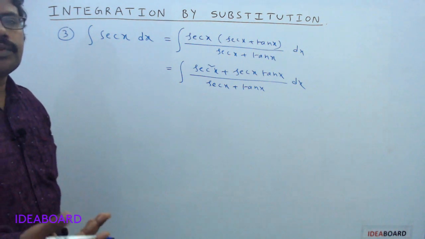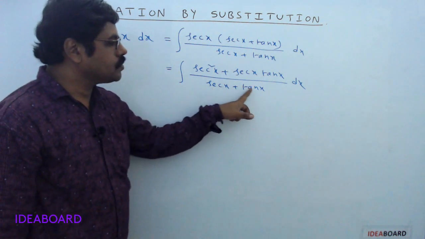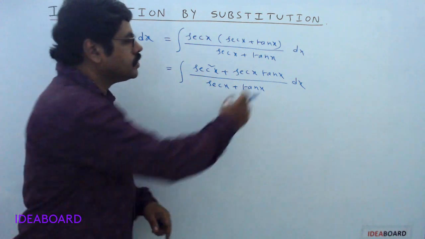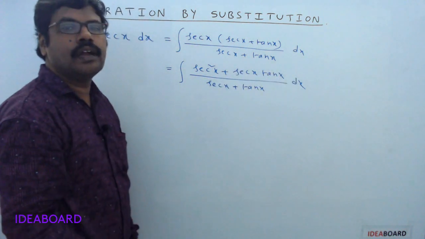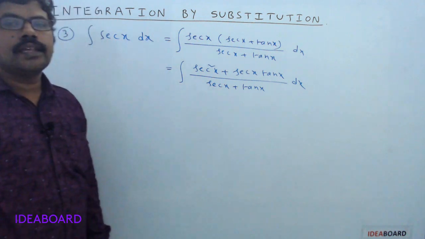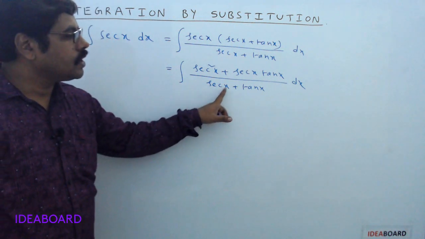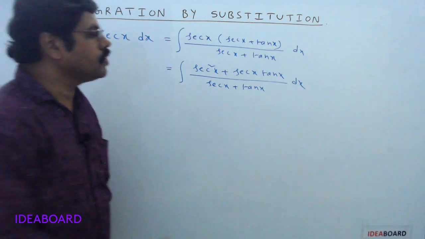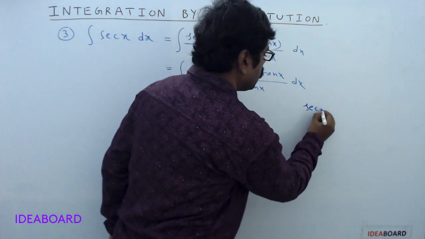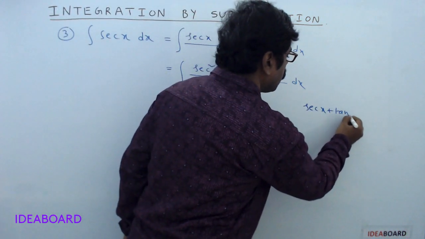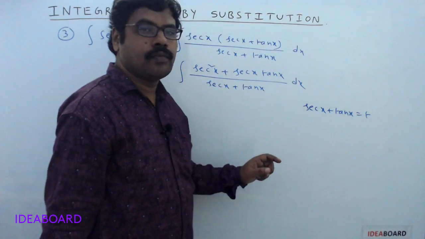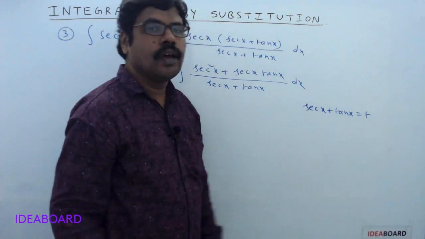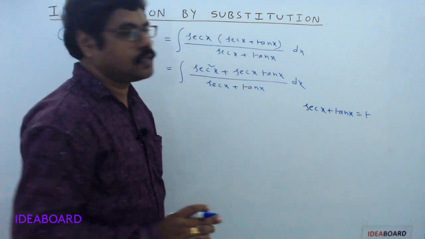If you take the substitution secant x plus tan x as t, this entire numerator becomes dt. So take the substitution secant x plus tan x equals t. Differentiate this equation on both sides with respect to x.